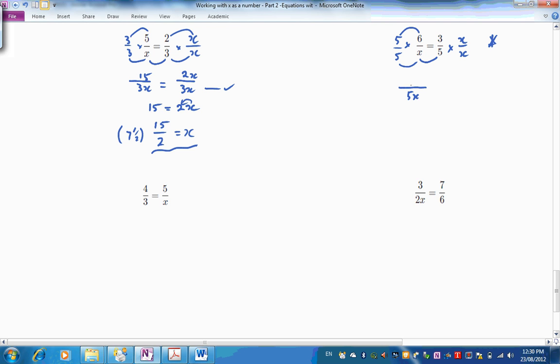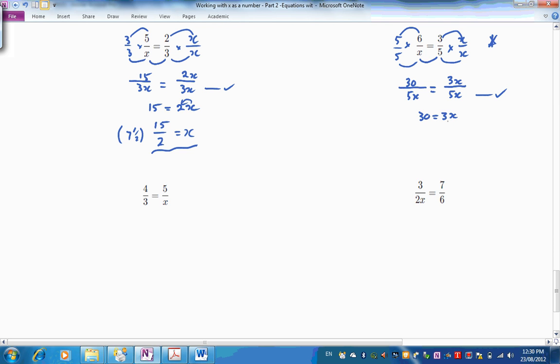The top line gives me 5 by 6 is 30. Equals, this is 5x in the bottom line here. And here, this is 3x. So the bottom lines are equal. So the top lines must be equal.